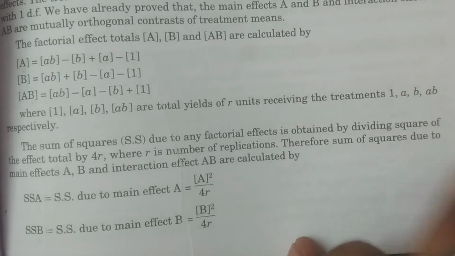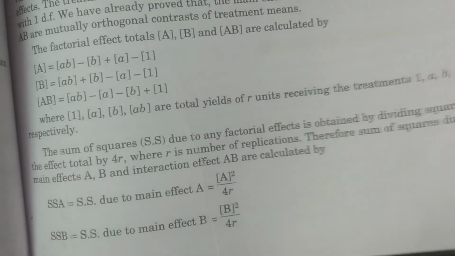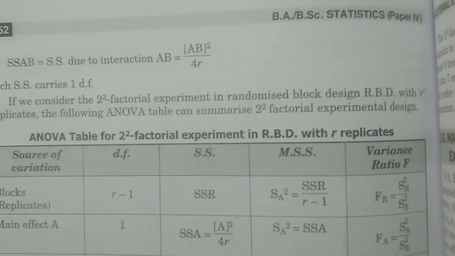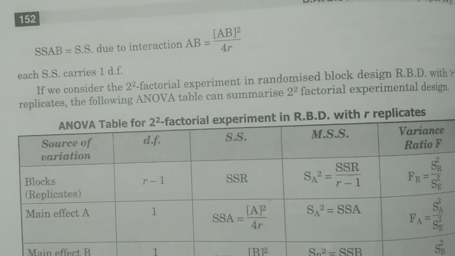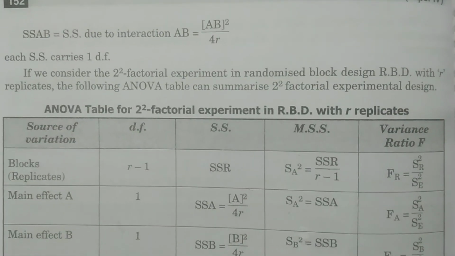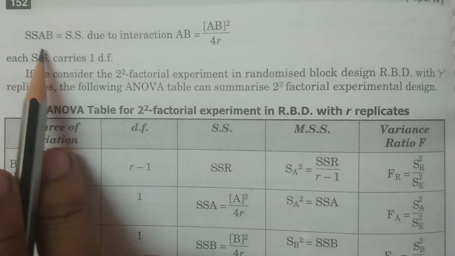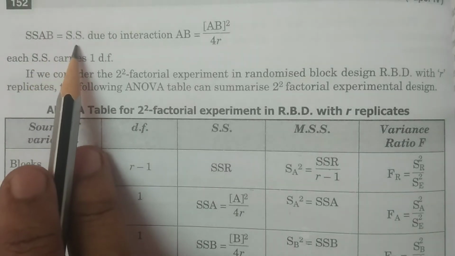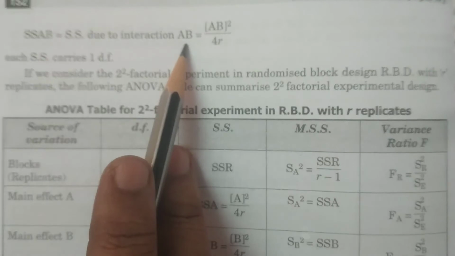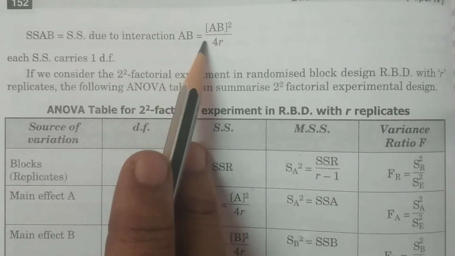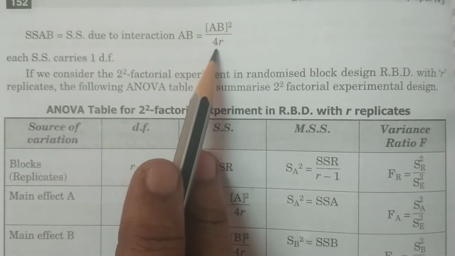Now SSAB, that is due to the interaction effect AB. The sum of squares due to the interaction effect AB is equal to [AB] squared divided by 4r.